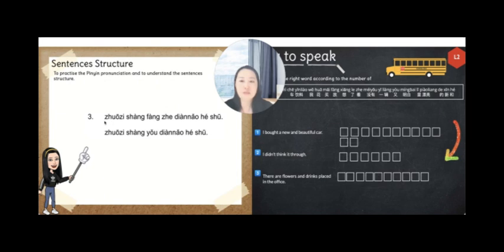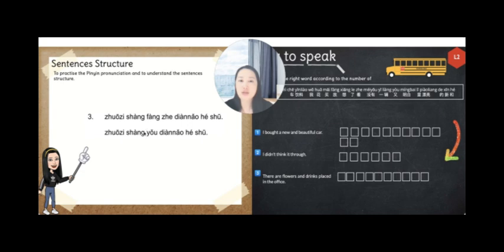Please read after me. 桌子上放着电脑和书。桌子上有电脑和书。Okay, so firstly, do you guys understand the meaning of these two sentences?